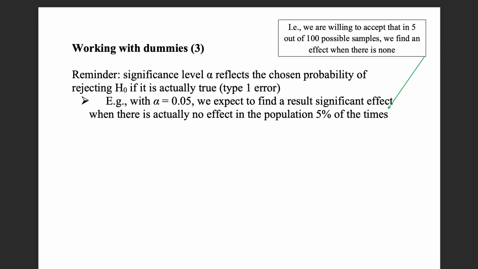So that's what the alpha level represents: how willing we are to accept that we get a significant effect in our specific sample under the assumption that there is no effect at all in the population.